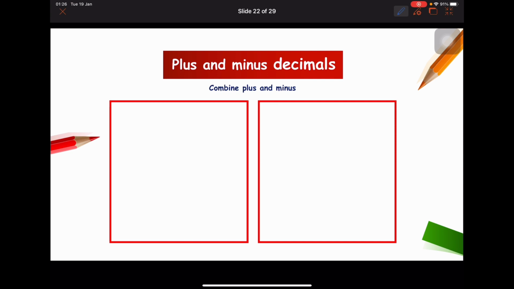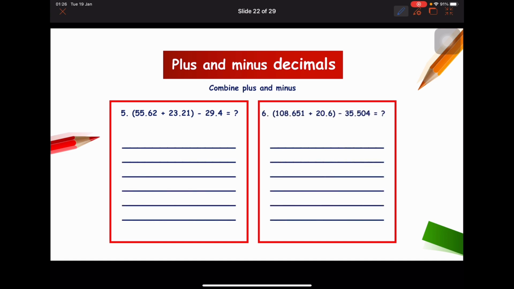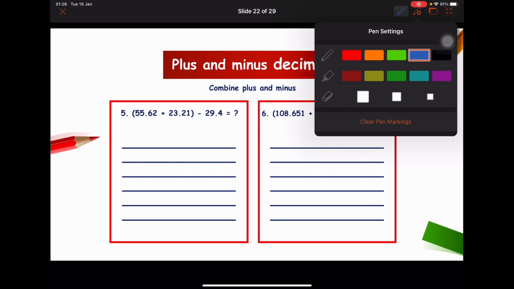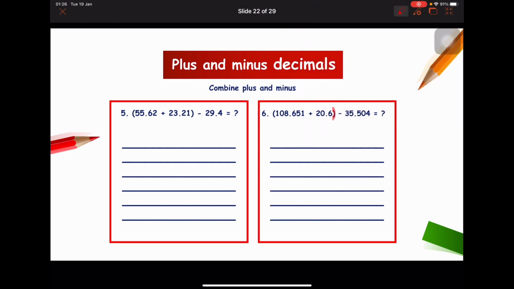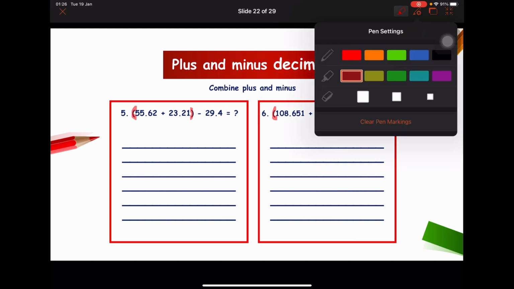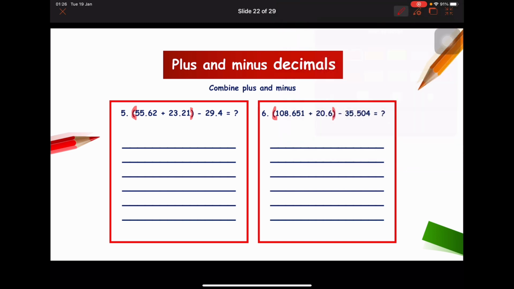Combine plus and minus together. Look at question number 5 and number 6. You see? Remember that I taught you before about parentheses. Yes, this is parentheses. Can you remember?